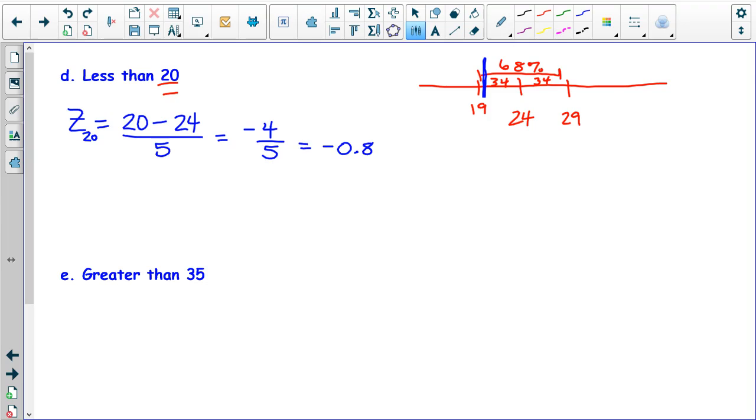And that's where the chart that I just gave you comes into play, that orange chart. If you look at your chart, you have a column down the side with negatives. It starts with negative 3.4. Are you with me? And across the top, it says 0.00, 0.01, 0.02, all the way up to 0.09.